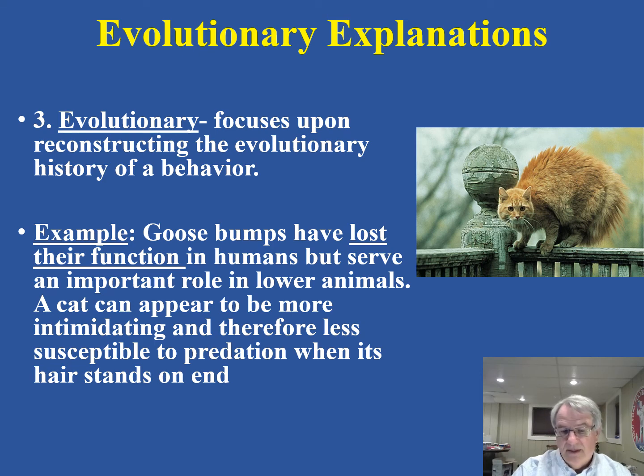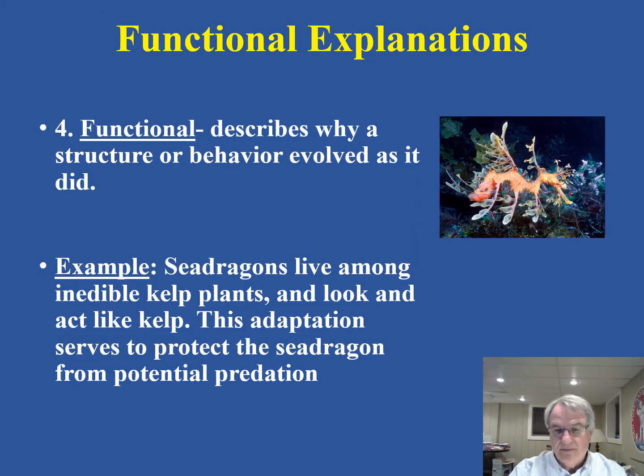But again, this is a function that's been lost in the human being. So this evolutionary level of explanation is we're trying to reconstruct the history of a particular organism in terms of its behavior, so that we can understand just what those pressures are that have resulted in this evolutionary kind of change.